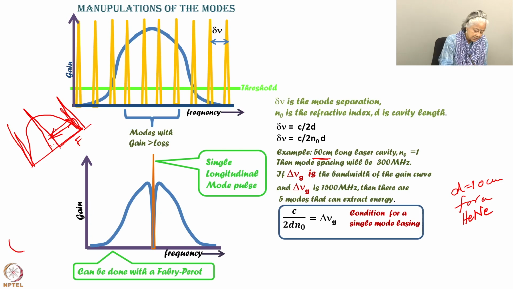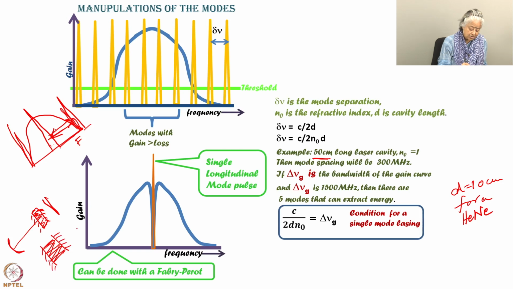Suppose I have this as a resonator cavity, and here I place a Fabry-Perot. The Fabry-Perot is just two polished surface mirrors, where the light coming in here gets trapped within this. All these modes that are coming in here keep getting reflected in this Fabry-Perot up and down, and some interference takes place between these modes.